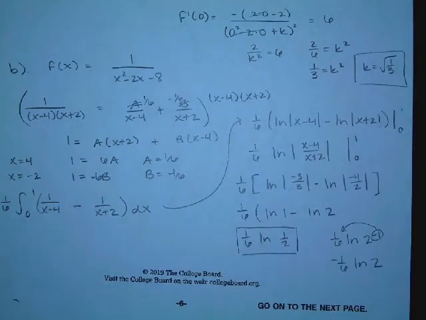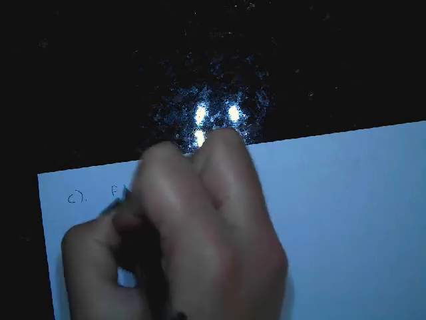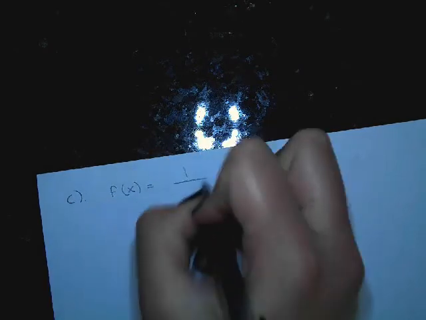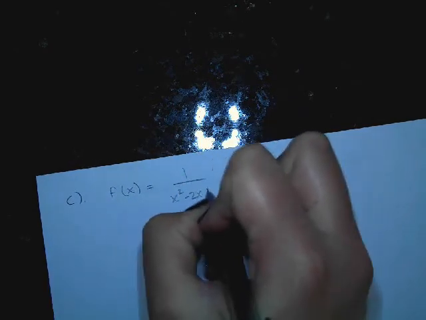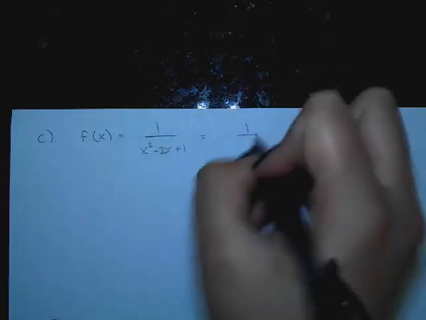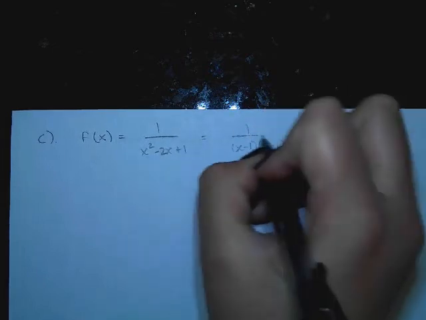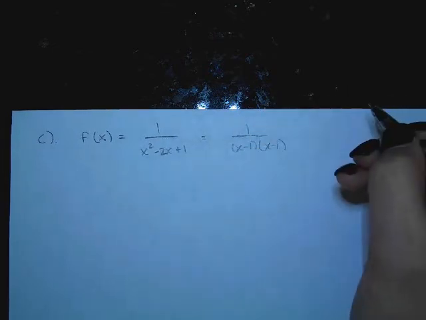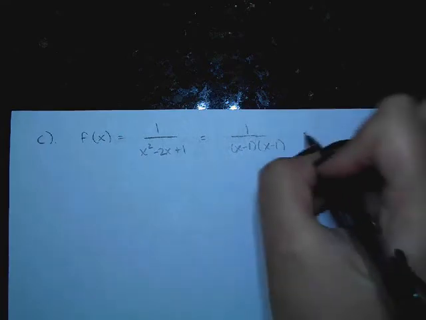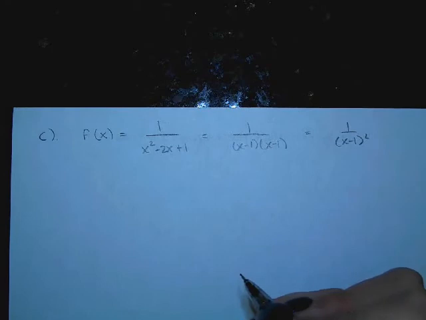All right, and then for part C, they said have k equals 1. And so what I did there is I factored it, and I saw that was x minus 1, x minus 1. And you don't really need partial fraction decomposition for that. You can just say that's 1 over x minus 1 squared if you want to integrate that.